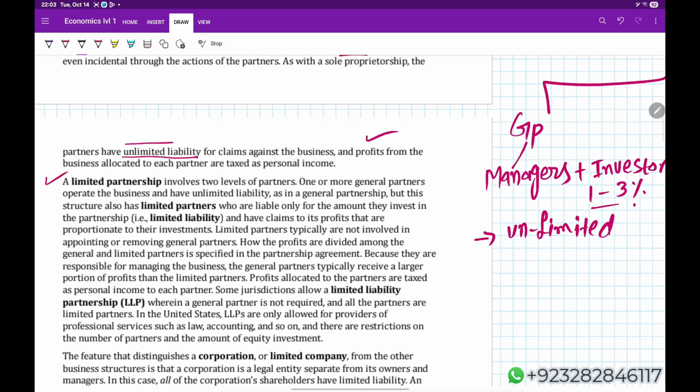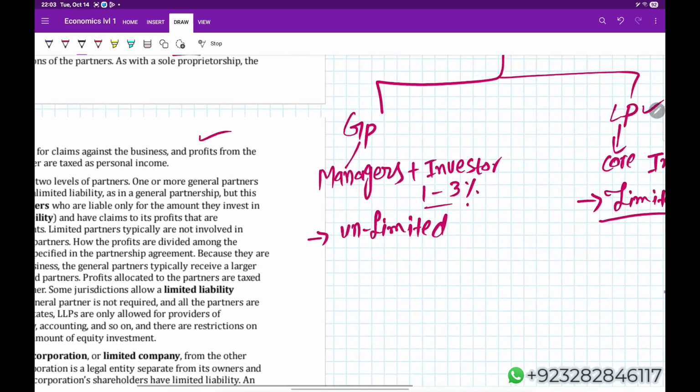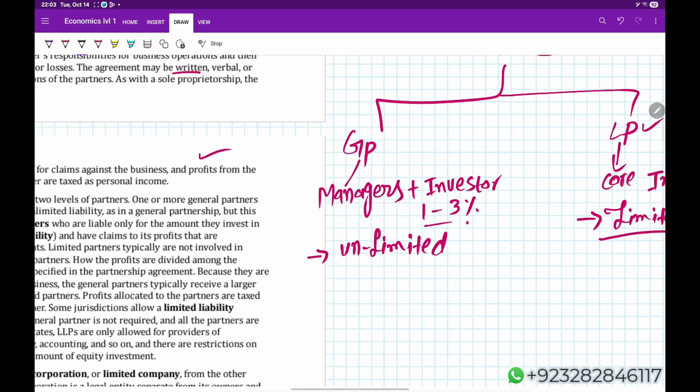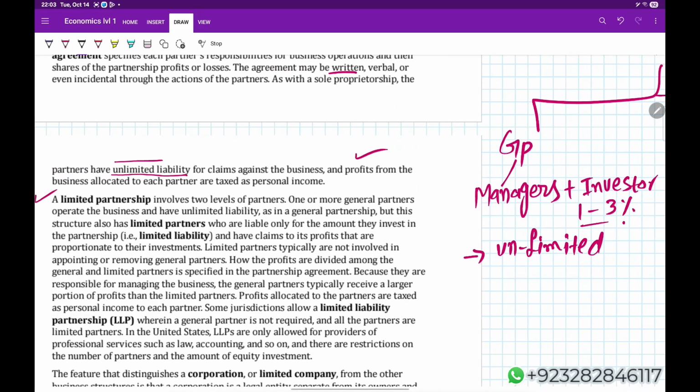But we can say that they are separate in a sense, because general partners are also investors, but not the large or major investors. From the perspective of limited partners, yes, the business is separate, but that depends upon the jurisdiction. That is not the point here. We are discussing whether the business is legally separate in a limited liability partnership.